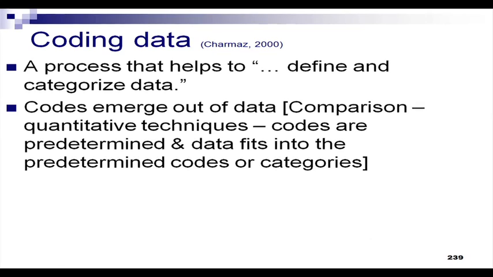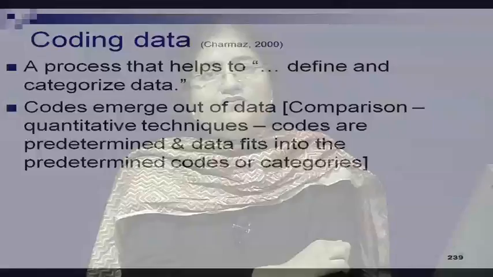So we've collected large volumes of data. What do we do? Coding is a process that helps to define and categorize data. So these codes emerge out of data. We take the data and we compare different aspects of the data, and we draw categories around the data, and we give them names.